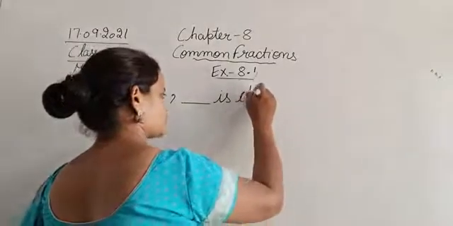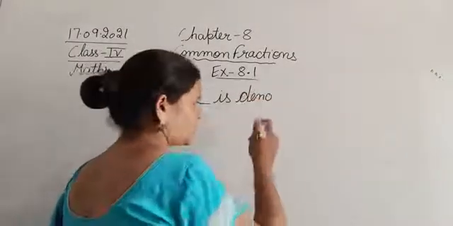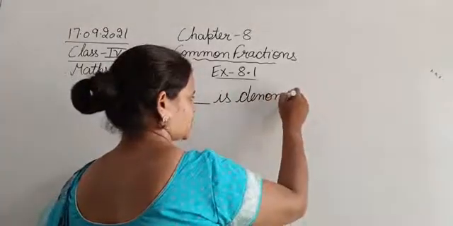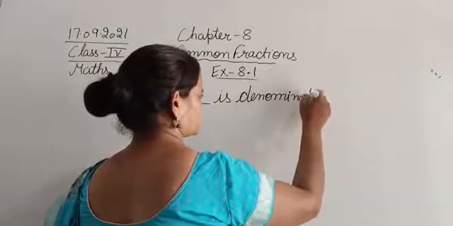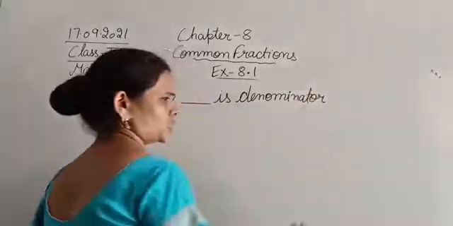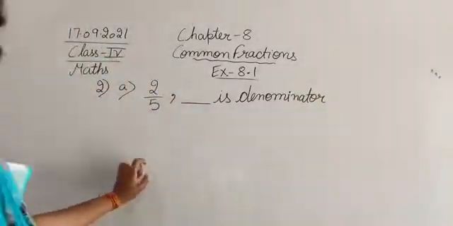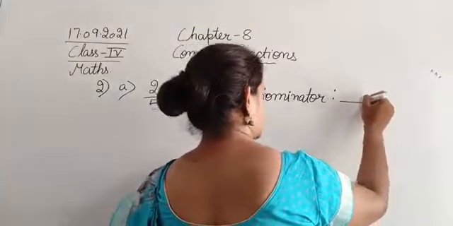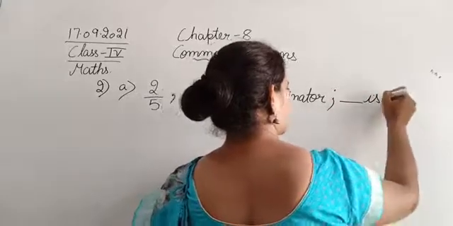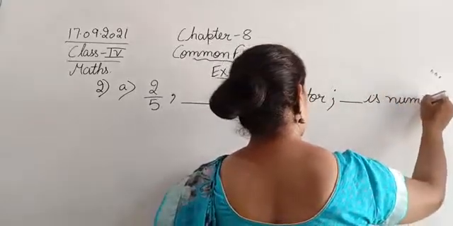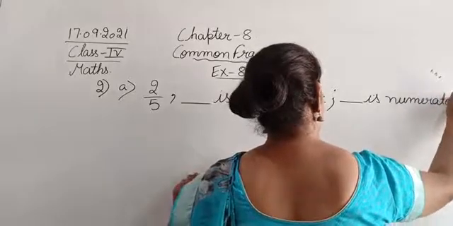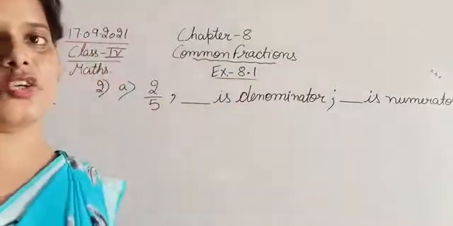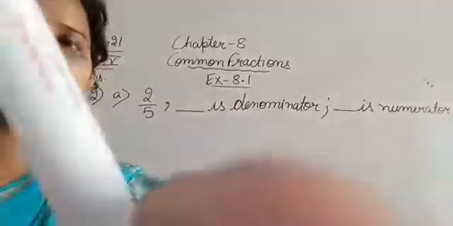denominator, and dash is numerator. So what is the denominator and what is the numerator?